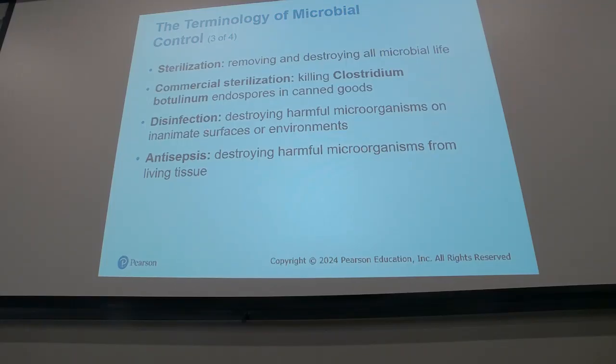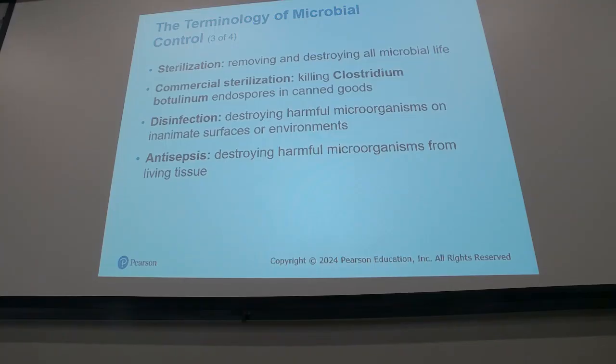Disinfection is destroying harmful microorganisms on inanimate surfaces or environments. If you apply a disinfectant spray to a countertop, doorknob, seat, or pencil, that is disinfection. It has to be something inert, without life.